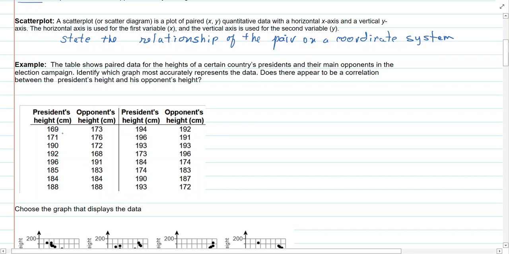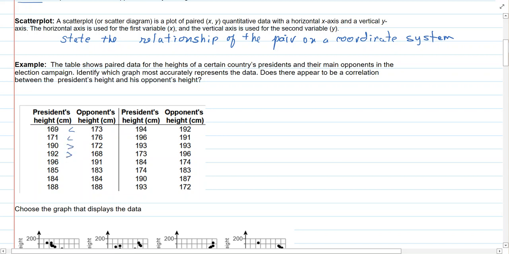This 169 centimeters to 173, shorter. 171 to 176, shorter. 190, taller. 192, taller. So I should be using those symbols for comparing.